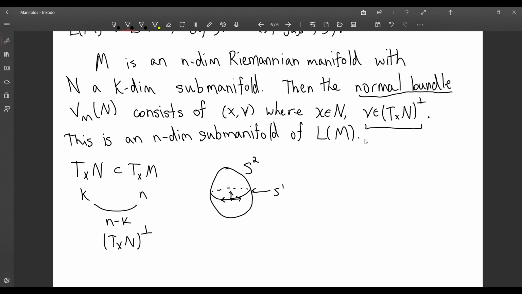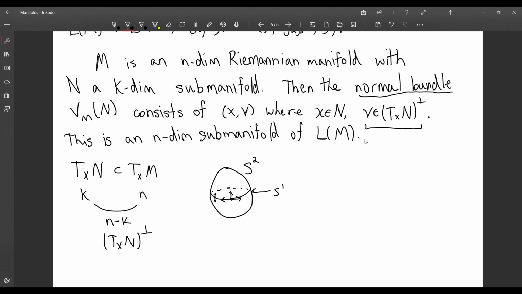However, there's another direction. Since I'm sitting on the whole sphere, I could go in this orthogonal direction, and I'm going to leave N. And so that's essentially what this normal bundle is going to be: all the points of this circle paired with all the vectors which are going in these up and down directions, that are going to keep you straight off of the submanifold.